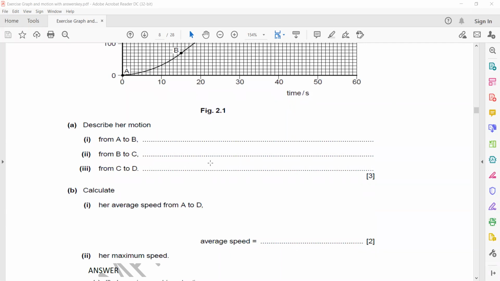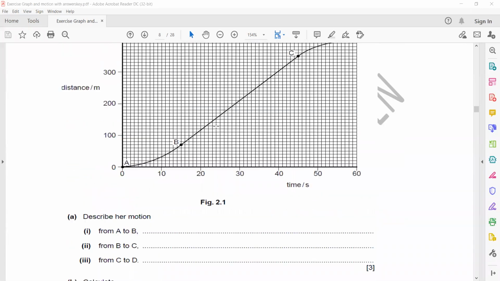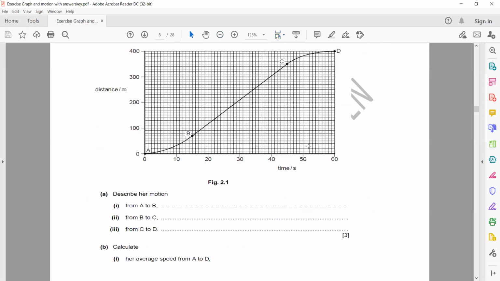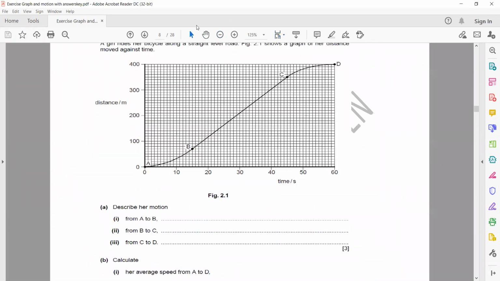Then calculate her average speed from A to D. So what is the formula for average speed? Average speed is the total distance divided by total time. So what is the total distance traveled? When we check the y-axis, we have the total distance, and the total time to complete the journey is 60.